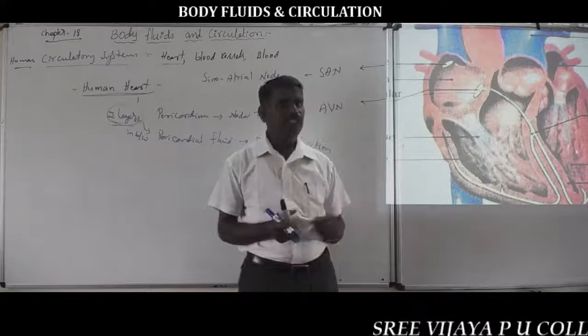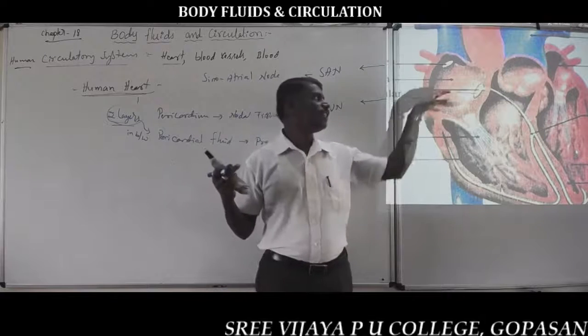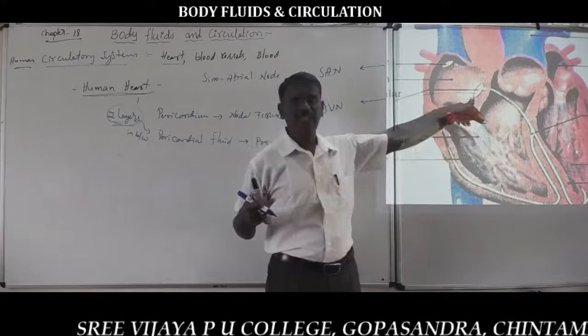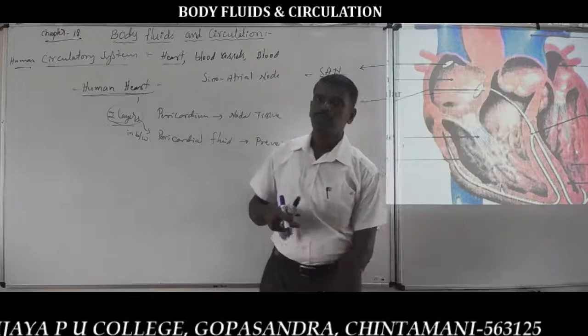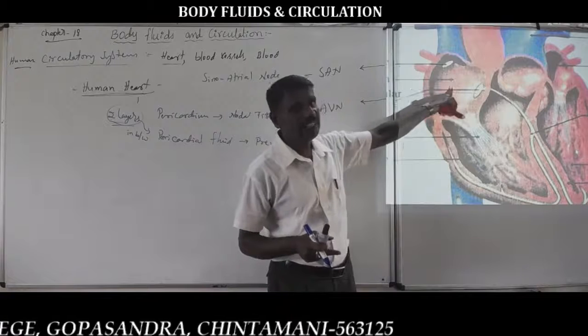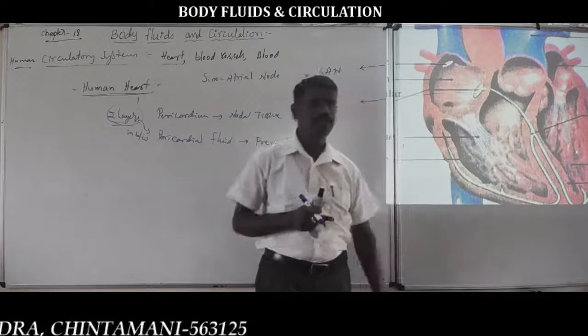Another patch of tissue is present in the right atrium, on the lower left side. This patch of tissue helps to transmit the signals from the right atrium to the ventricles.